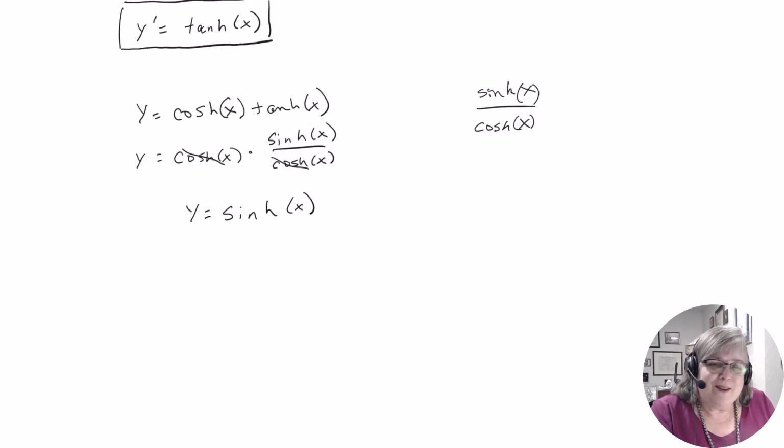Now, if you write that down and box it in, I think your teacher's just going to smile because they know what happened. You got so busy cleaning this up, you didn't notice you didn't take the derivative. But you haven't taken the derivative yet. So the derivative of hyperbolic sine is hyperbolic cosine.